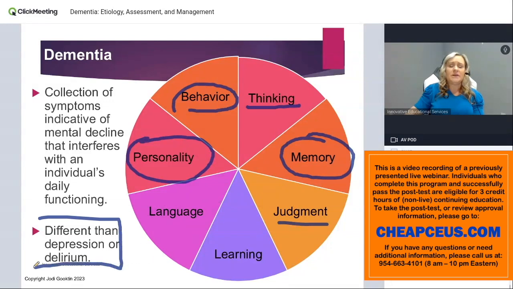And you want to take a moment to distinguish dementia, depression, and delirium. So, dementia is going to be that slower, long term progressive impairment that ultimately leads to a limitation in the individual's ability to care for themselves. Depression is different.